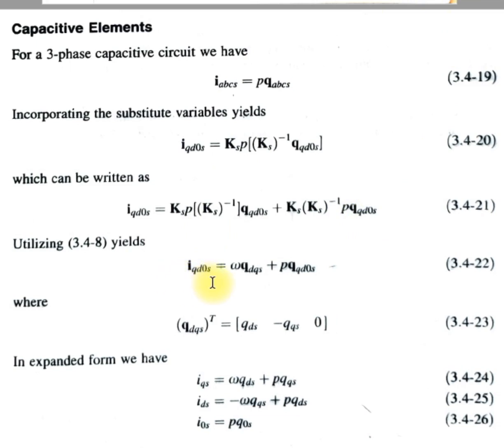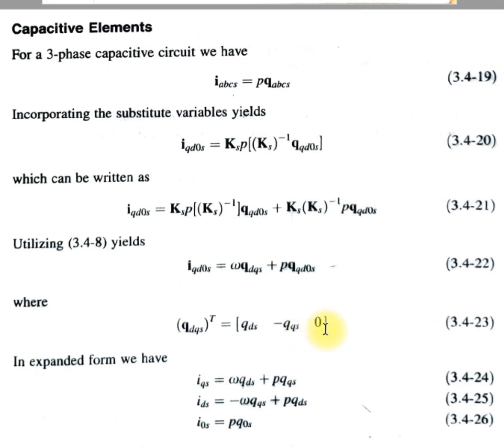So on further writing this, we can write this as I of QD0S, which is equal to omega into Q of dQs plus P into Q of QD0S. We have already seen this in the inductive element, that is why we are writing this as omega into Q of dQs instead of QD0S, where Q of dQs transpose is nothing but Q of ds minus Q of Qs and 0.